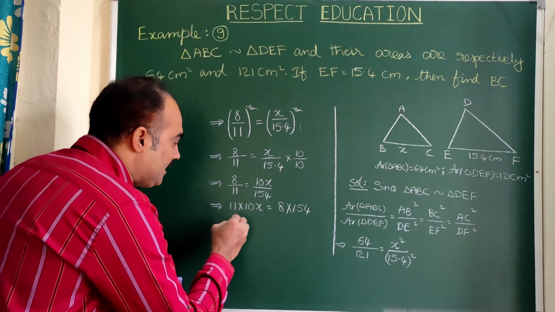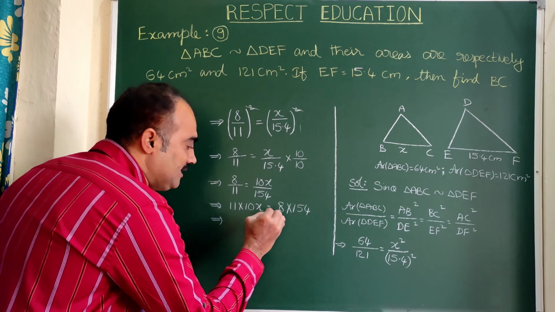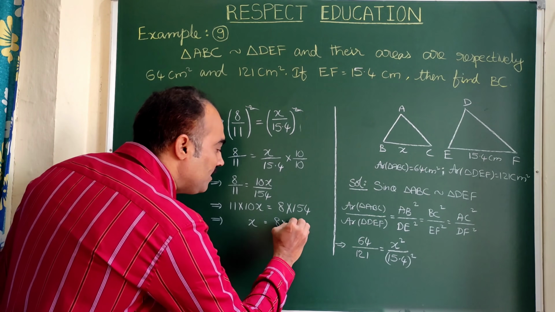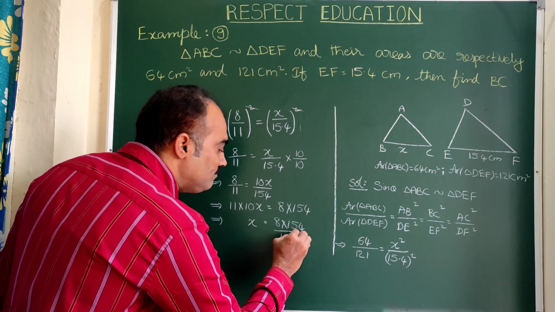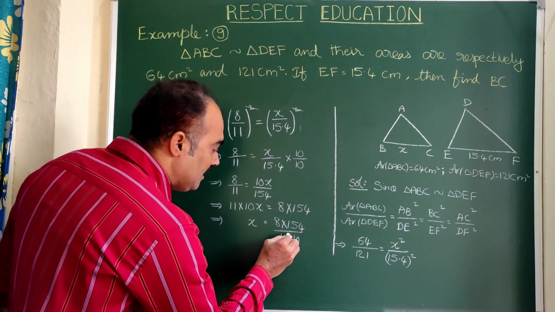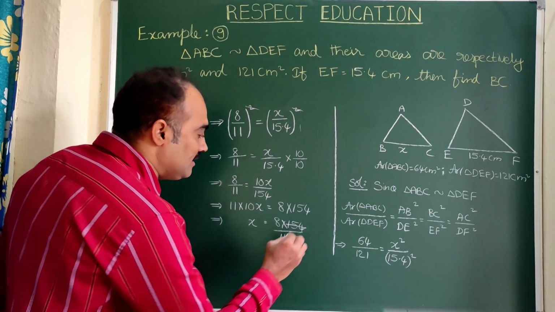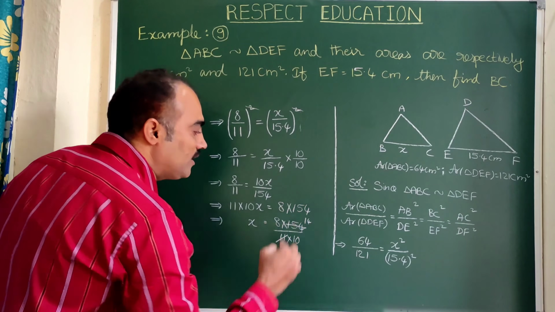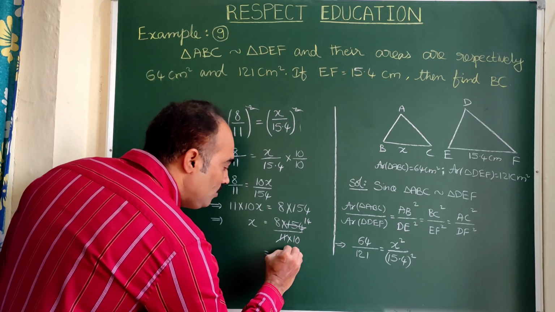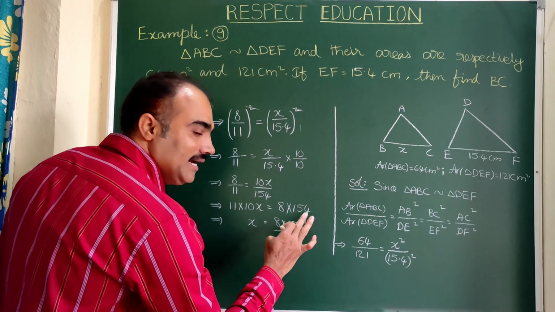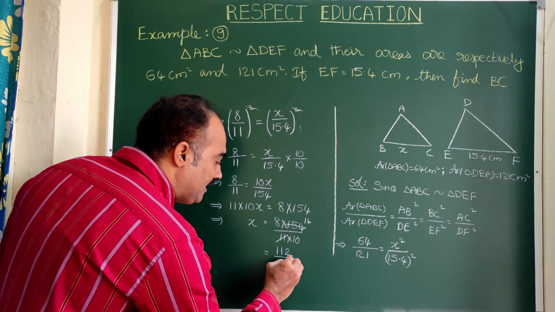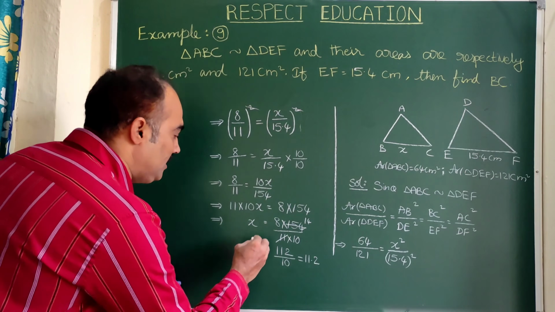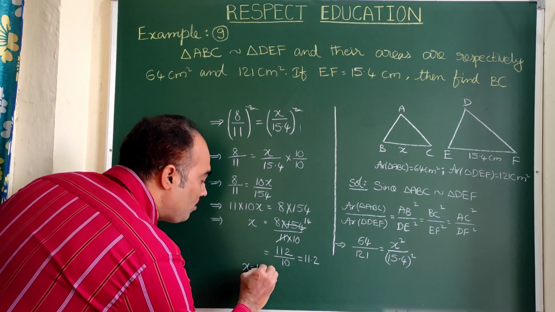As we need only the X value, let us maintain the X. 11 into 10 will be sent to the right side, divided by 11 into 10. Right. So we can cancel 154 with 11, that is 11 times 14 is 154. So let us multiply 8 times 14: 8 times 4 is 32, 2 and carry 3; 8 times 1 is 8, plus 3, 11. So 112 by 10. 112 by 10 can be written as 11.2. So here we got X is equal to 11.2.